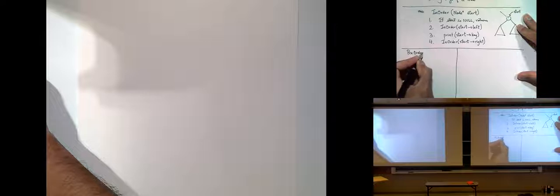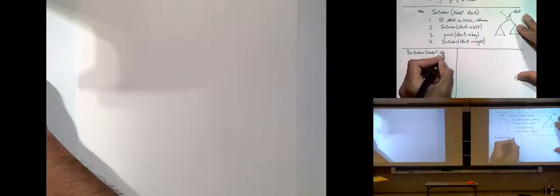A preorder traversal, it's pretty much the same method. You just sort of swap the orders of some of these. So the first step is always the same. In the second step, you actually print. The first thing you do is print start arrow key.